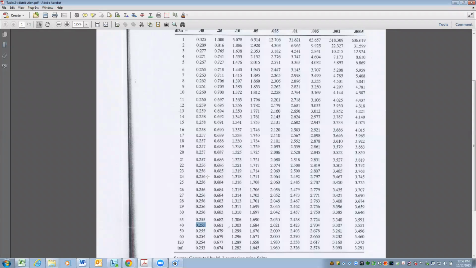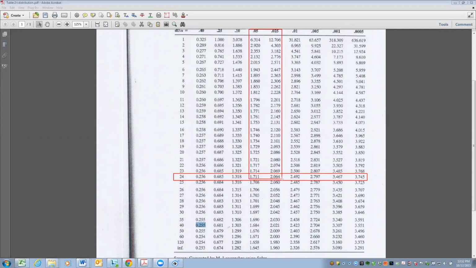I'm going to see where 1.875 would lie. Notice that's between 1.711 and 2.064. So I know that the p-value is somewhere between the two column headers of 0.025 and 0.05.